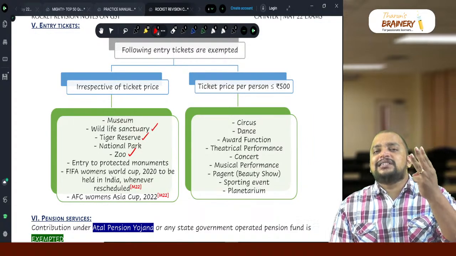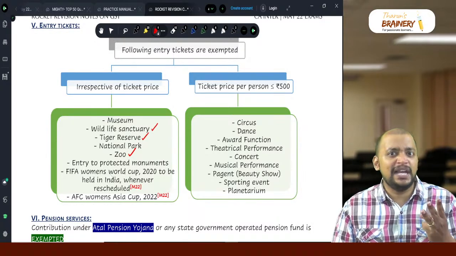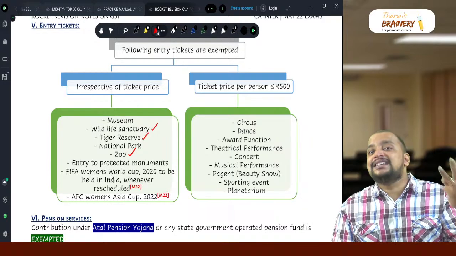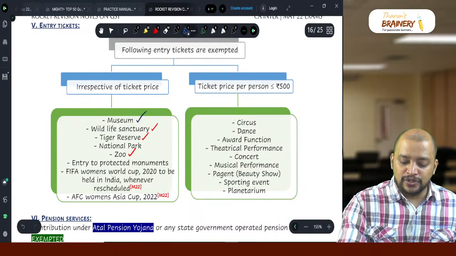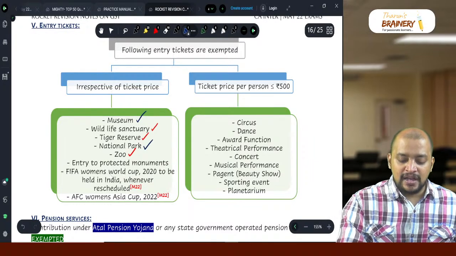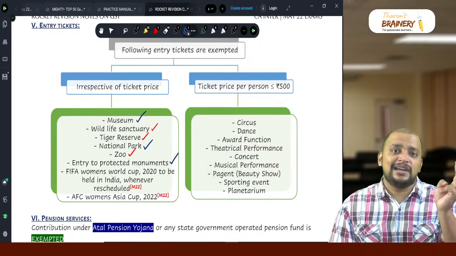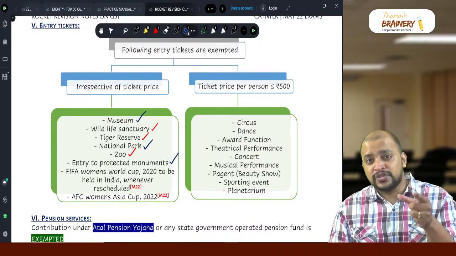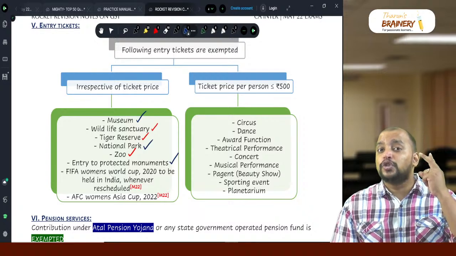So 3 things related to animals, that is zoo, tiger reserve, wildlife sanctuary. Then 3 places: museum, national park and protected monuments, and then 2 events.